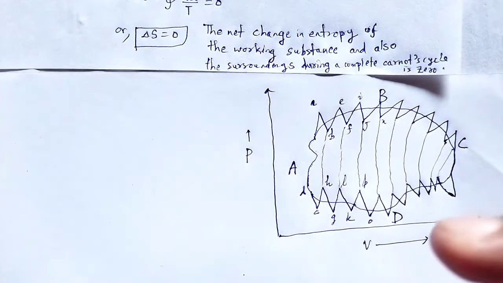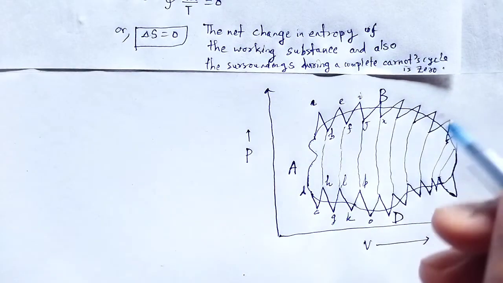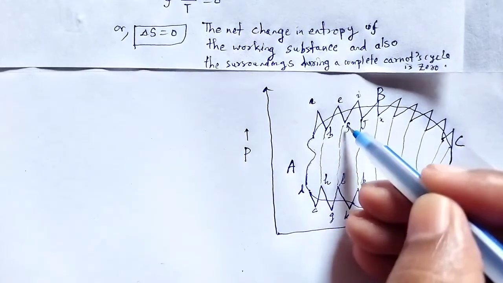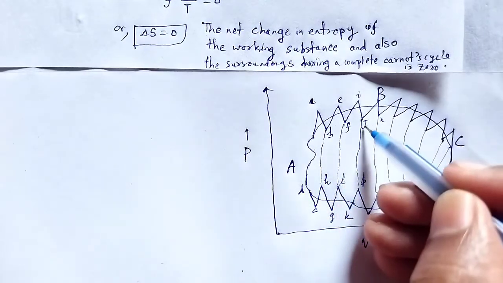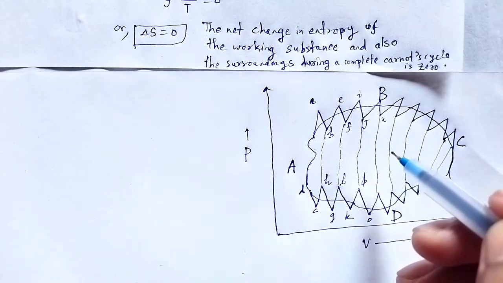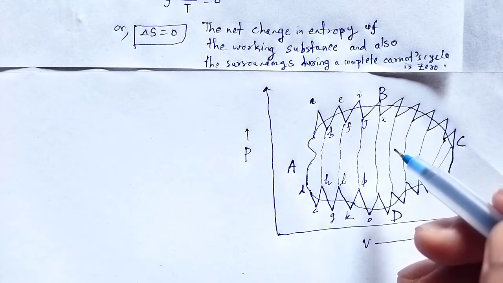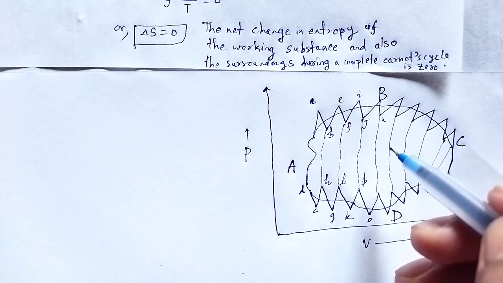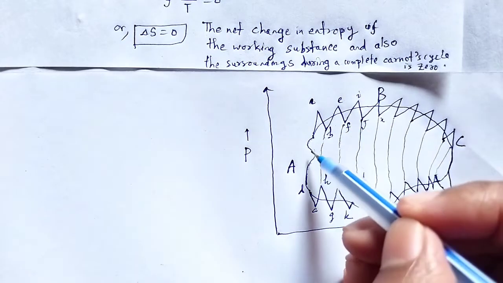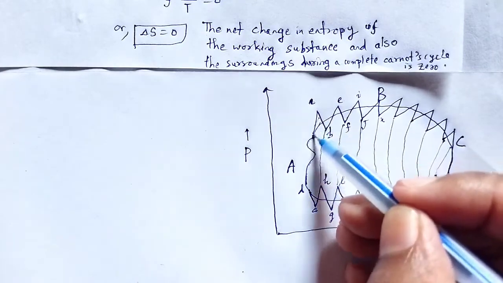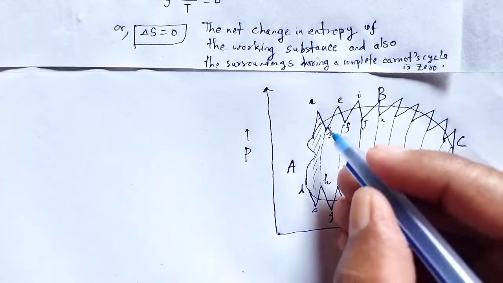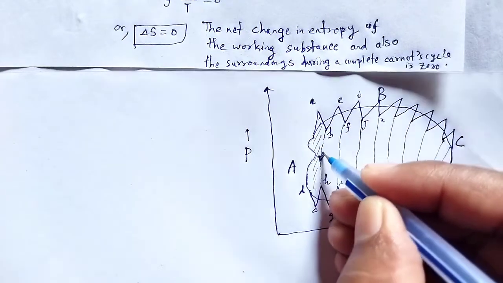So in these cycles, the paths like BH, FL, JP and so on are traversed twice in the reverse order. Why? If we take an elementary Carnot cycle, the direction will be this.